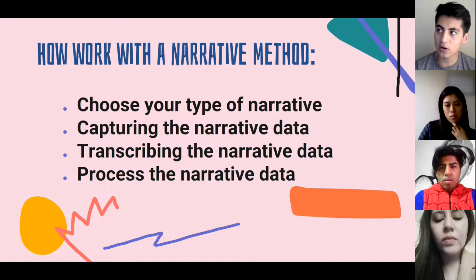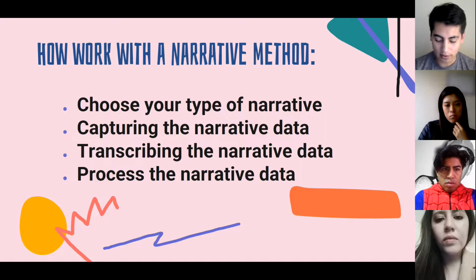This is the whole process from a big-picture point of view. First you need to choose your type of narrative. Then you're going to capture the narrative data. You're going to transcribe this data, and finally you're going to process this data. So I'm going to explain what these steps are about.